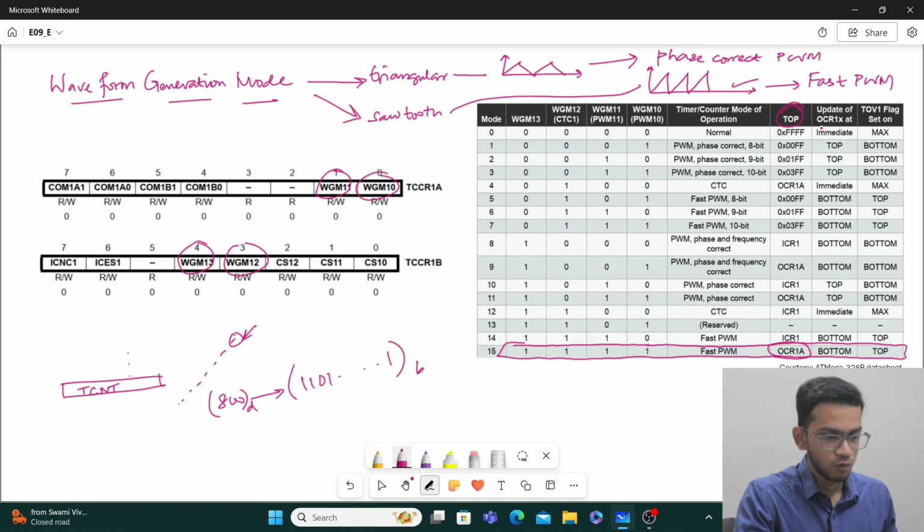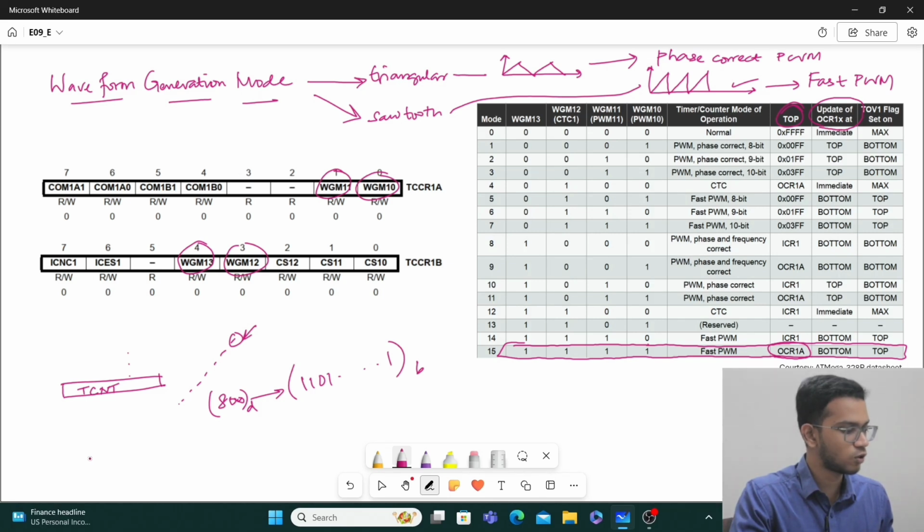Now, what is the place at which my registers get updated? Assume that in my program, I am suddenly changing this value of 800 to 1600. It should get updated.